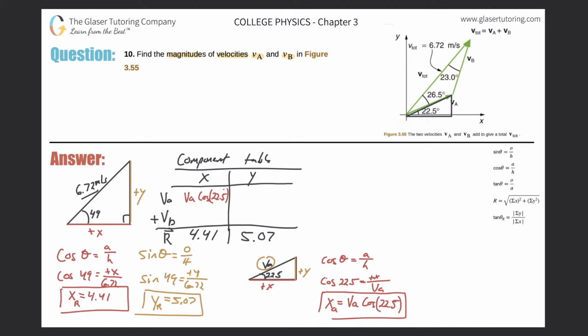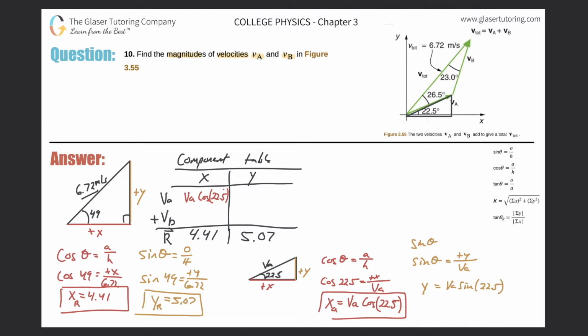Now let's do the same thing for the y component in this problem. Remember, hypotenuse, angle, and the side opposite of that angle, I'm going to be using sine. So sine of theta is equal to the positive y component over VA. So y is simply equal to VA sine of my angle, which is 22.5. I usually write the formula out first, but I kind of did both at the same time.